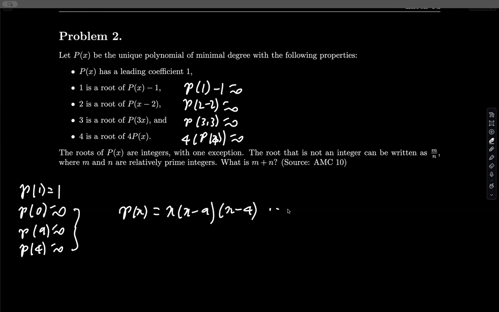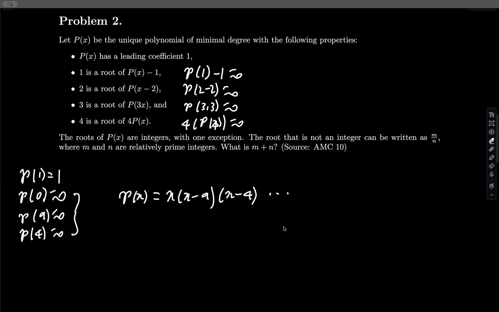And yes, we know there can be more, we just don't know it right now. The reason why I didn't put any constant in front is because we know that p of x has a leading coefficient of 1, so it's not necessary to put anything.